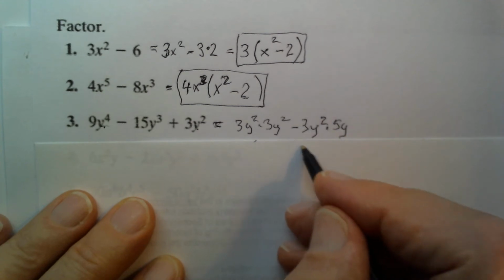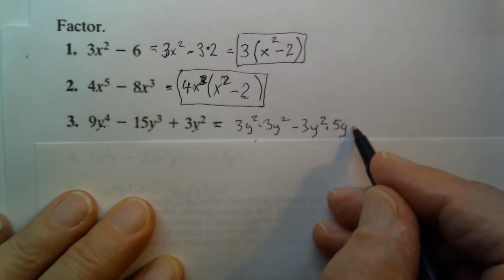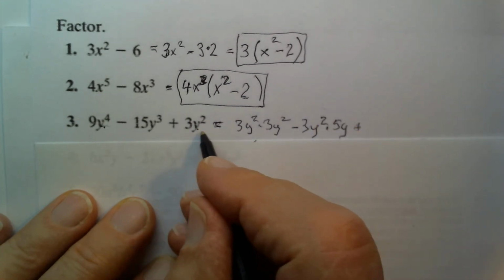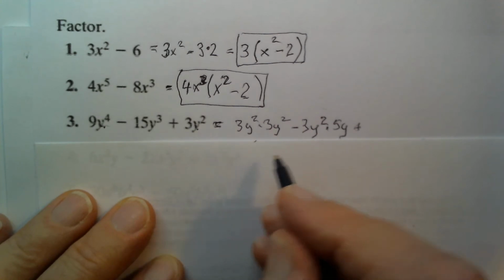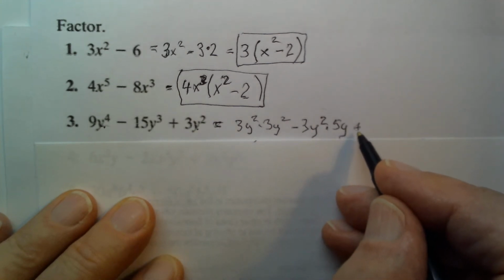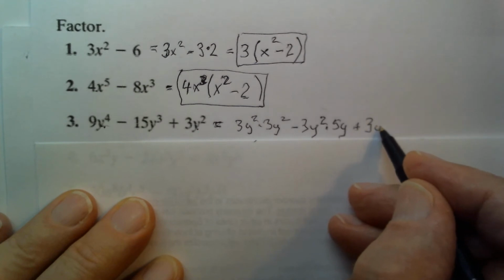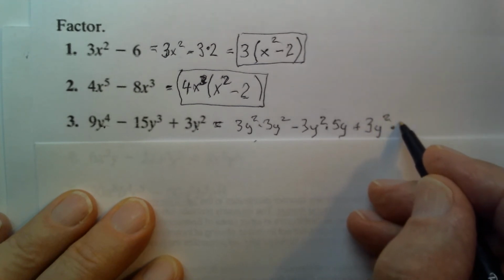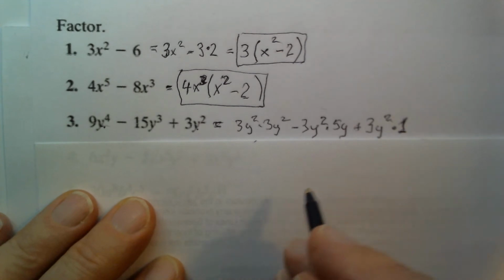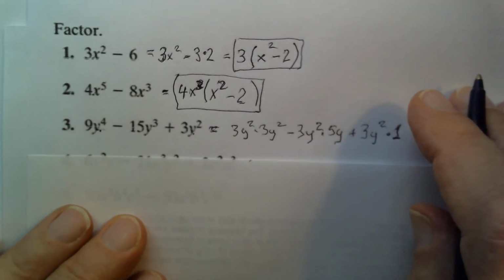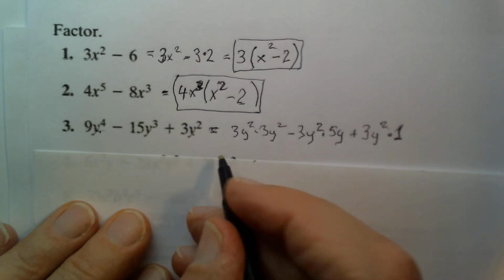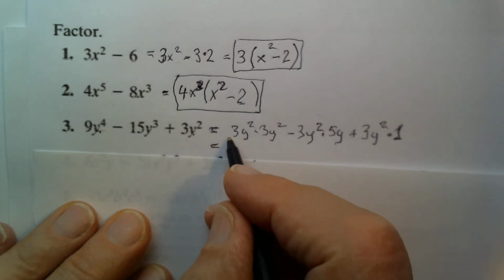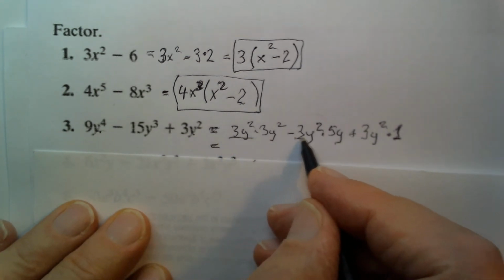Again, we are after 3y squared. And then the last term is the greatest common factor, 3y squared. So we write this now as 3y squared times 1. Again, this is critical to have 1 as a placeholder. Now we can factor out the 3y squared, because each term has a 3y squared term.